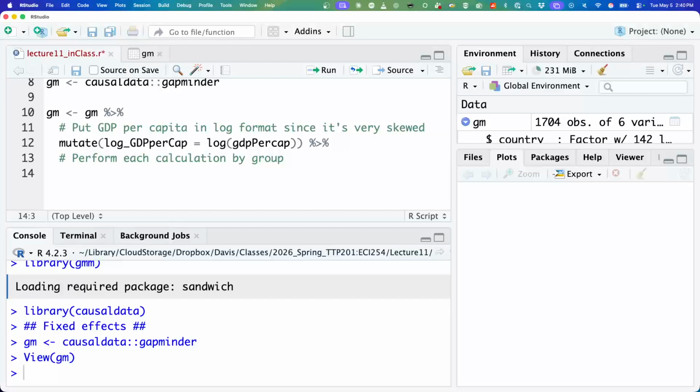Any ideas? What is our y variable? There's only like 3 variables in this whole data set.